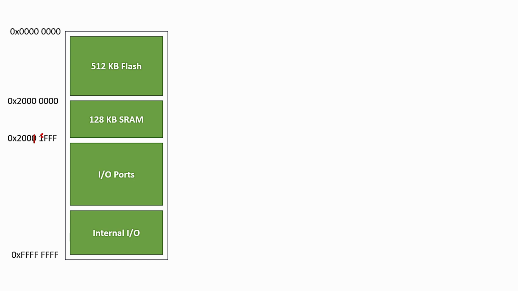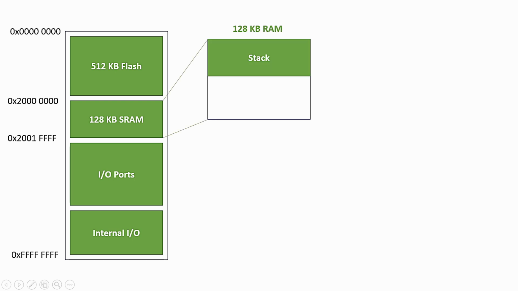So starting from 0000, it counts till 1FFFF. This is the region of RAM, and within this region of RAM, the stack is located like this. It is dedicated like this. So stack is nothing but a memory region inside the RAM. Just understand that.